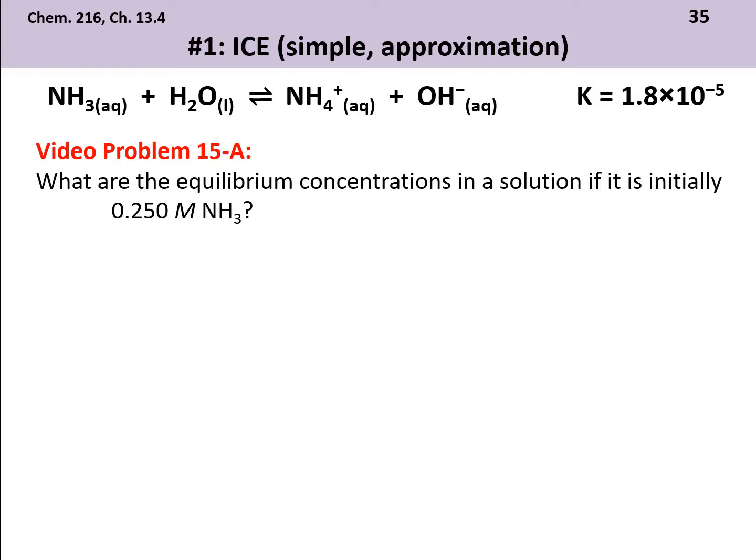All right, so in this case, we have NH3 plus H2O goes to form NH4 plus OH minus, right? I'm going to tell you, you can use the approximation here, but I want you to prove that that's okay by looking at the 5% rule and by checking your work by looking at K. There's one other thing you should notice here. Notice that H2O is a liquid.